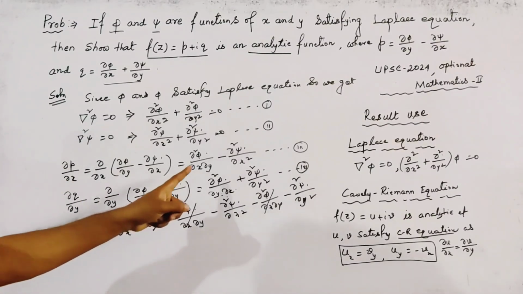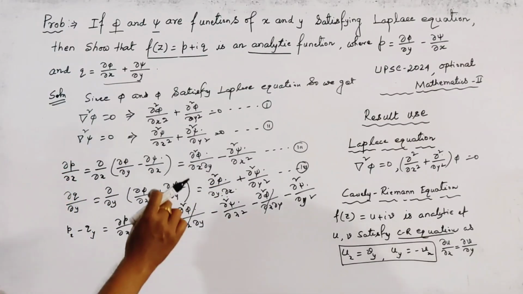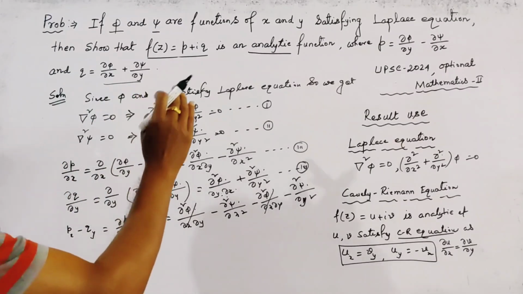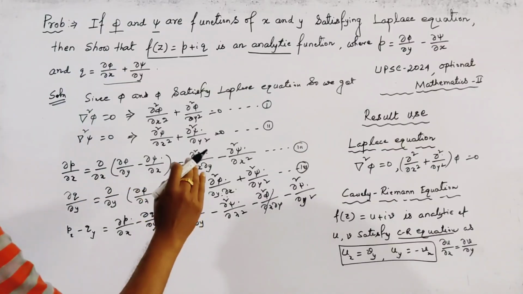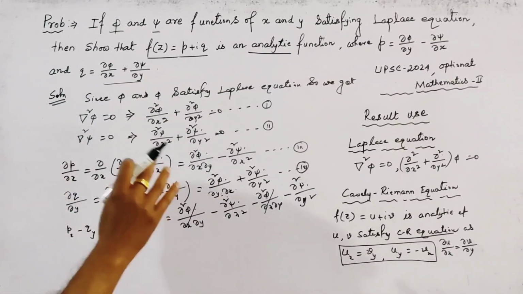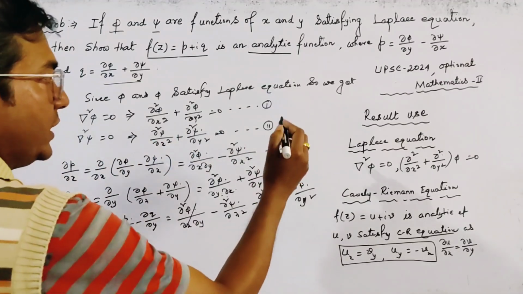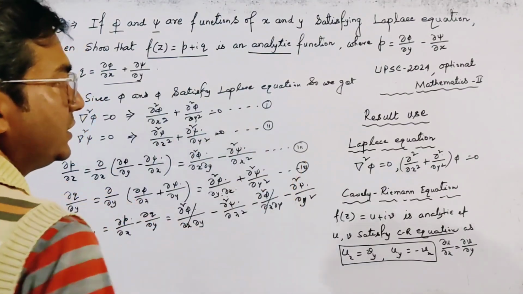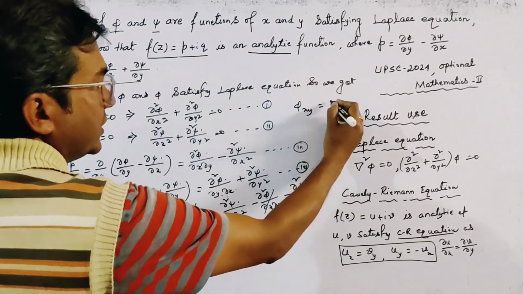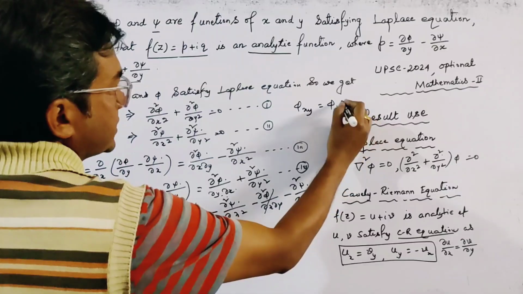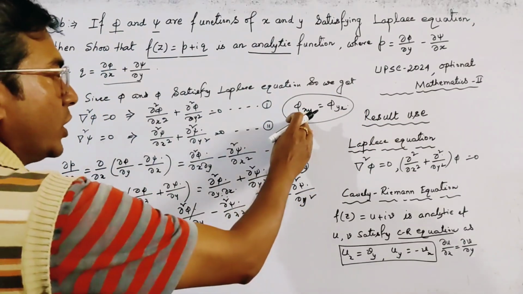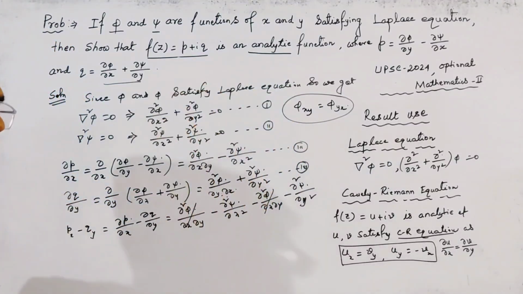Okay, and for the function phi whose partial derivatives are continuous, phi xy equals phi yx. We can interchange the order of derivatives, since phi has continuous partial derivatives.